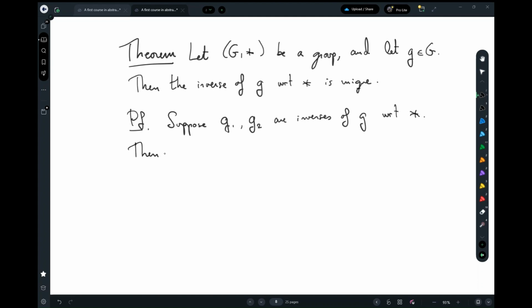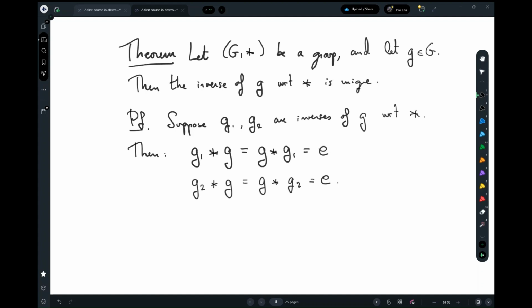Then, by definition, g1 star g is the same as g star g1, which is equal to, oh no, the identity, right? That is the property of an inverse. And similarly, g2 also works, so g2 star g is the same as g star g2, which is the identity.